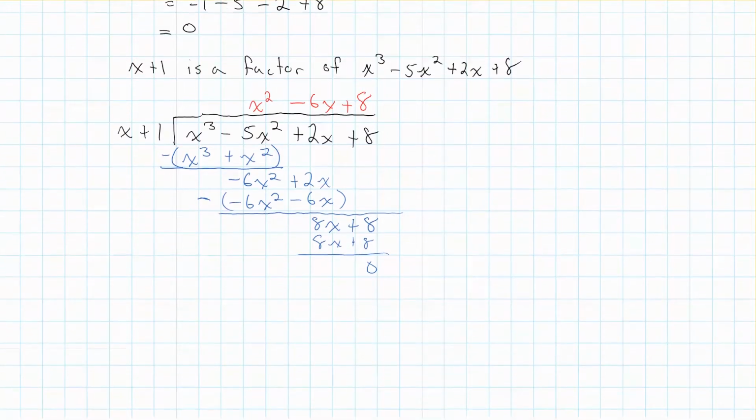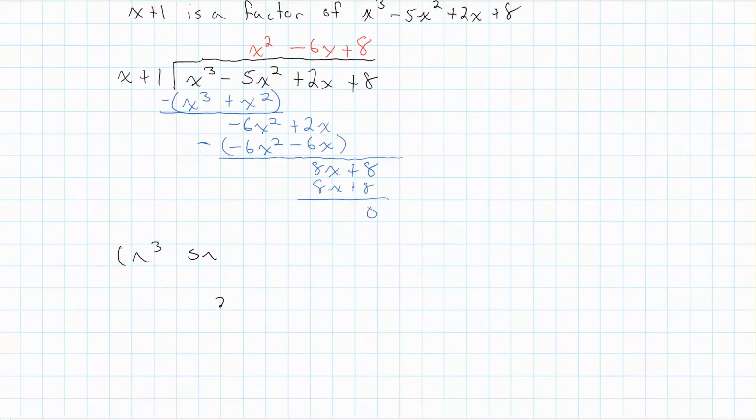And so then what do we know? Well, we know now that x cubed minus 5x squared plus 2x plus 8 is equal to x plus 1 times x squared minus 6x plus 8.